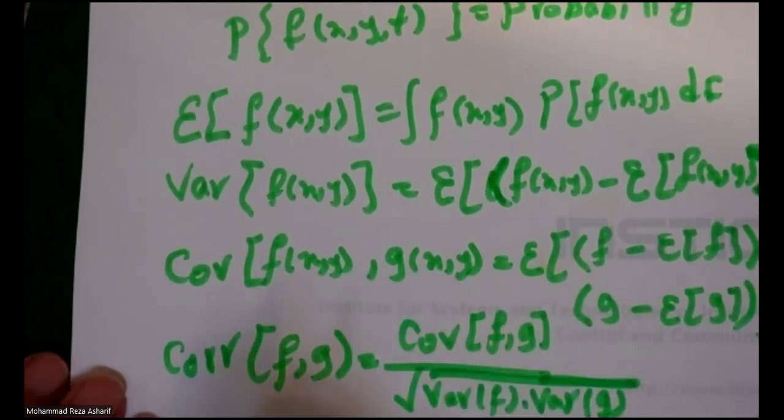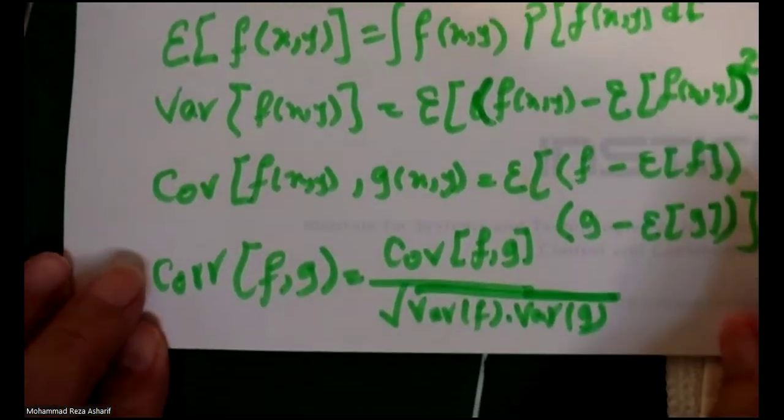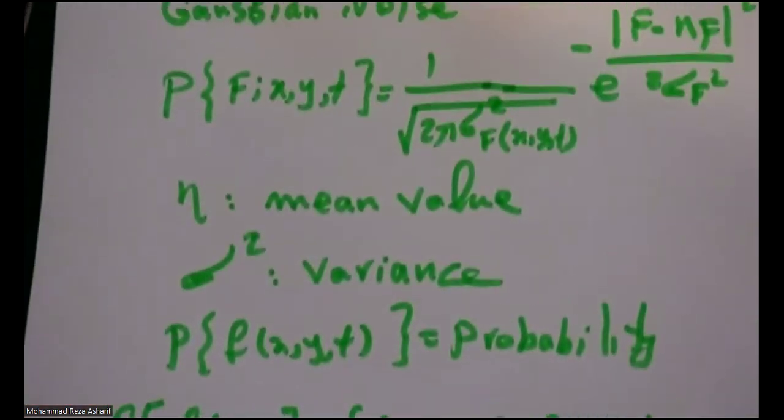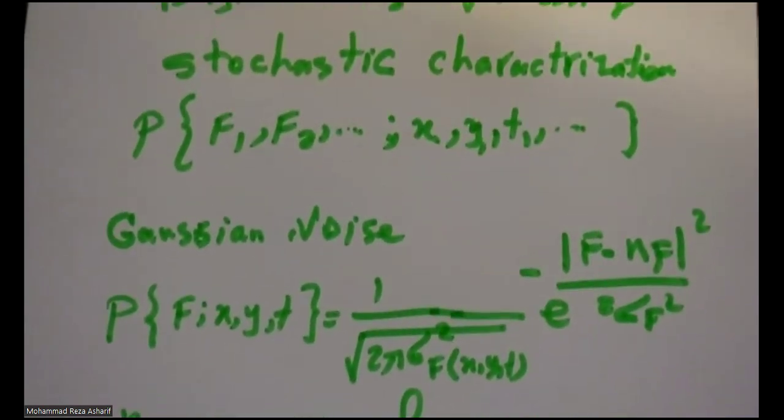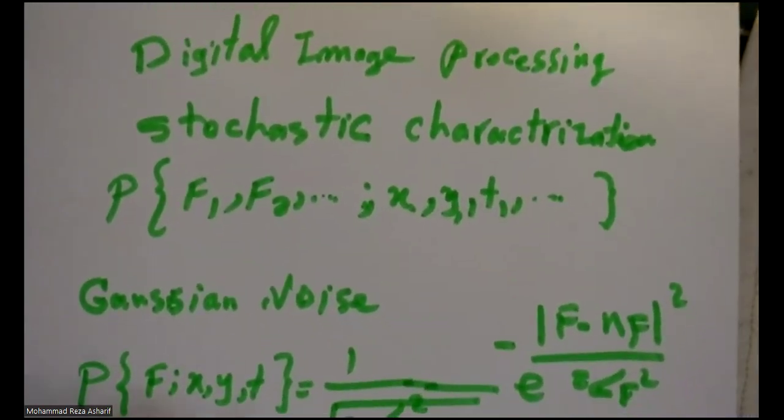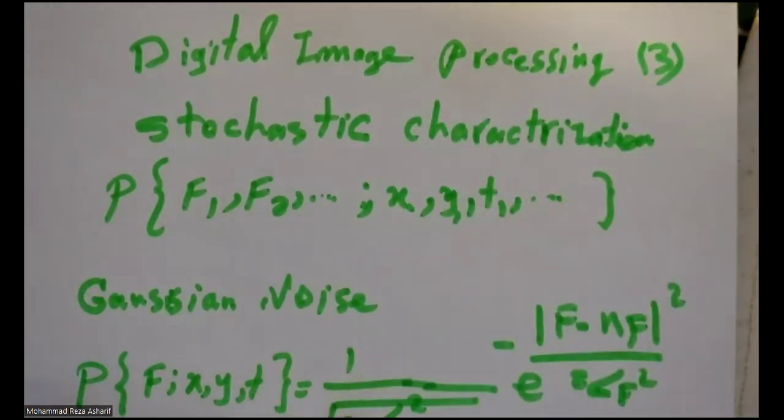So please remember this page as the digital image processing third lecture, which is the stochastic process.